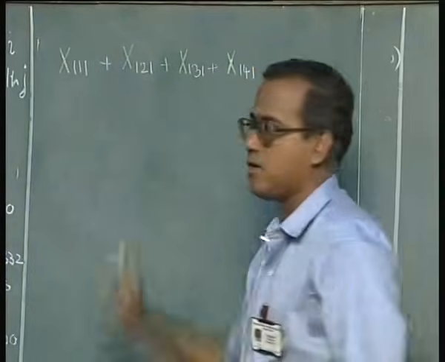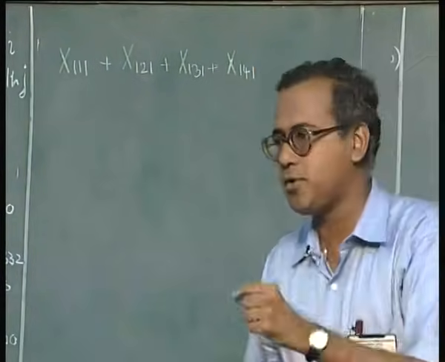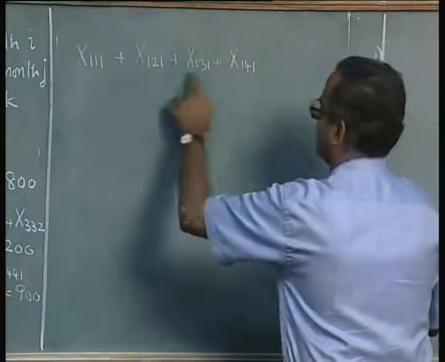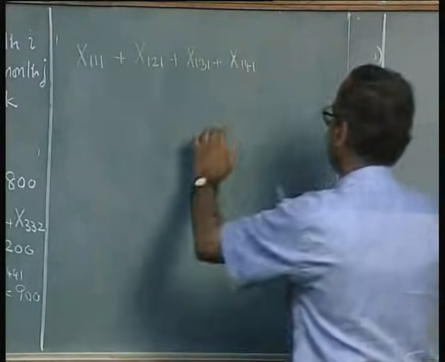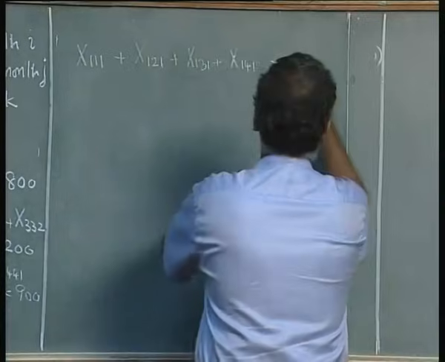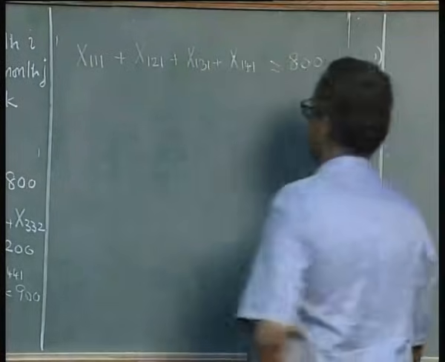Now, these 4 represent the quantity produced in the first month using regular time to meet the demand of 1, 2, 3 and 4 months. So, this should be less than or equal to the regular time capacity of 800.